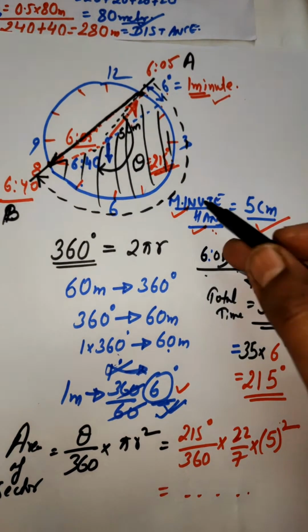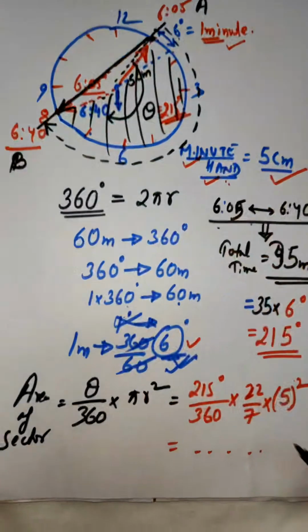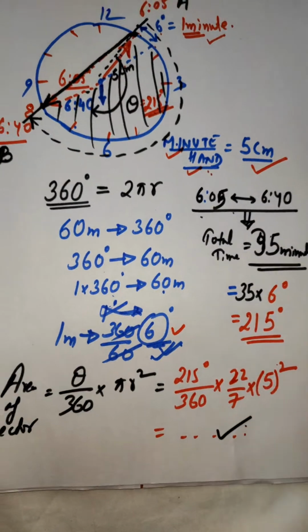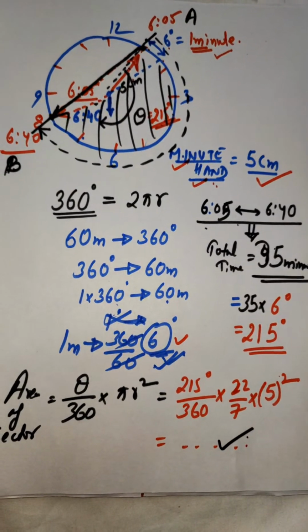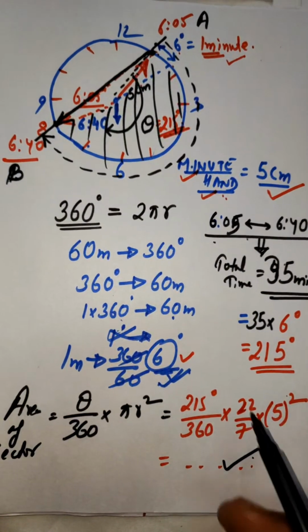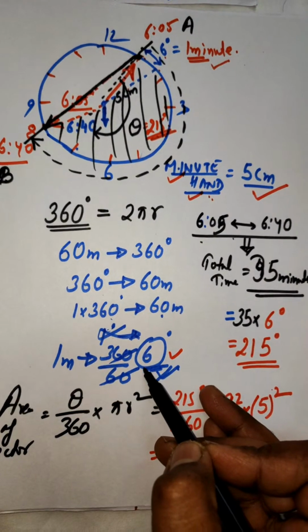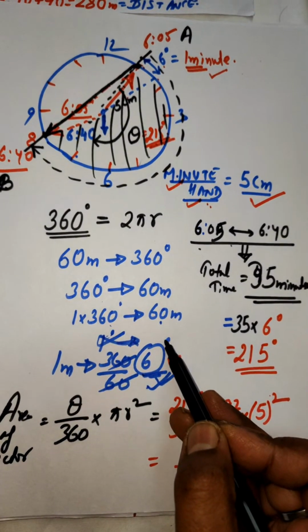So here the area covered by the minute hand from 6:05 to 6:40 is calculated by using the concept of area of sector, that is theta by 360 into pi r square. And we know that in 1 minute the angular distance covered is 6 degree.